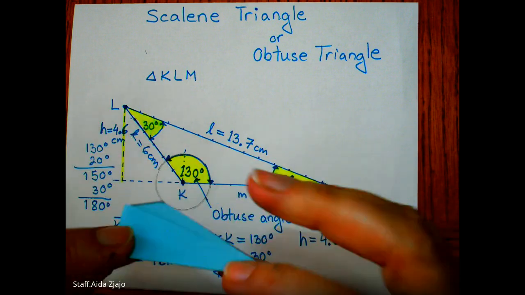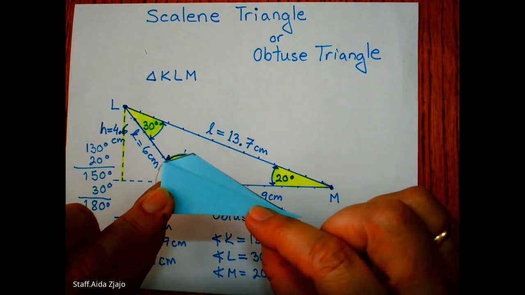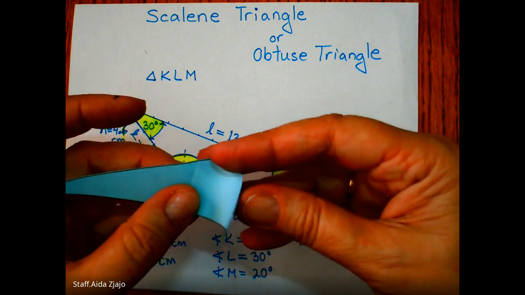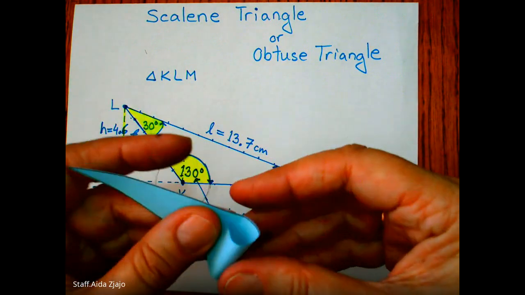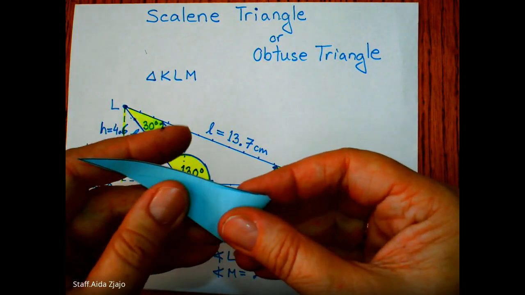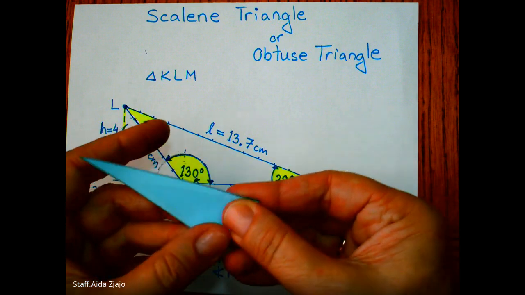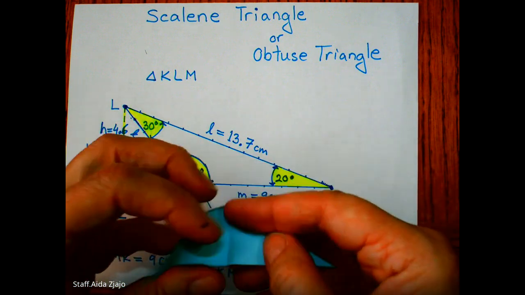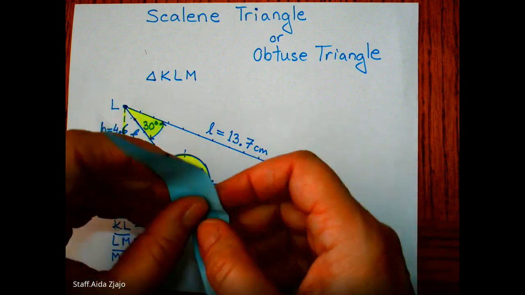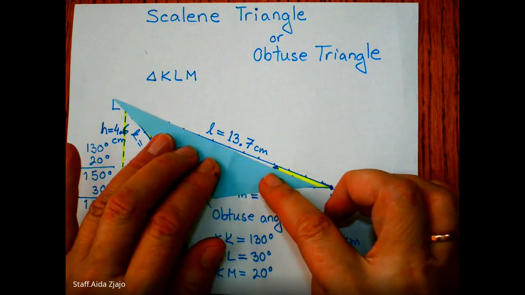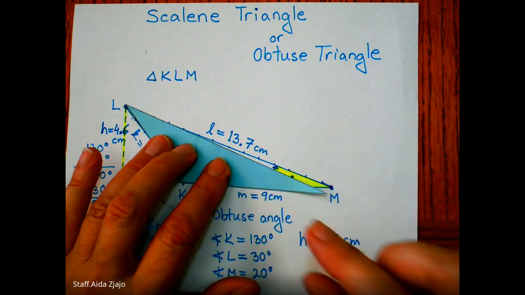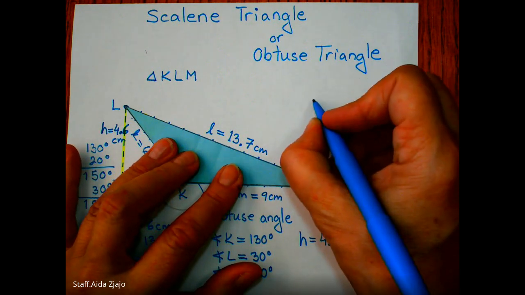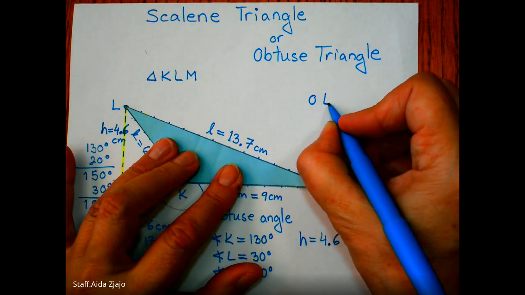They will be overlapping. And if I cut the other way, that one is also not matching at all, so it's not possible to have a line of symmetry in the scalene triangle. So we can say that a scalene triangle has zero lines of symmetry.